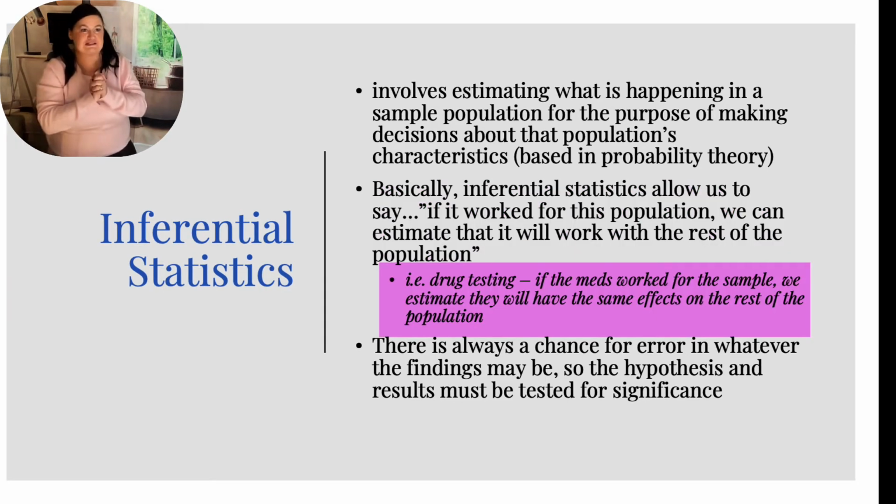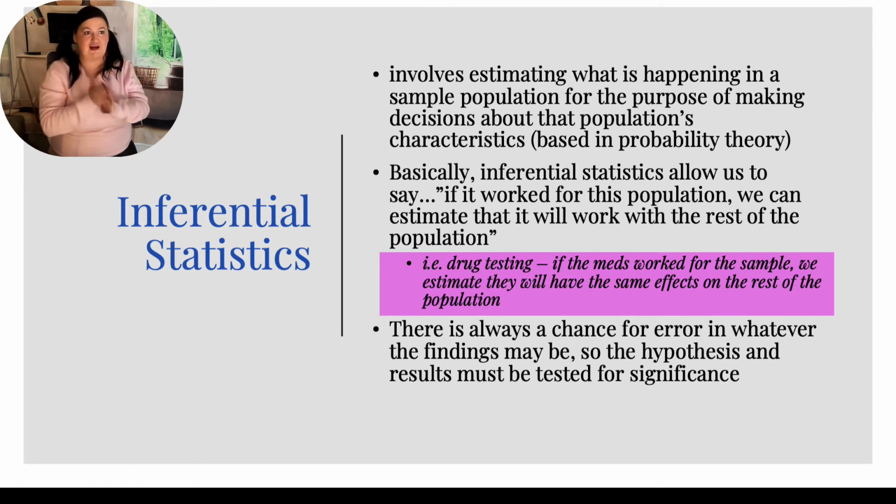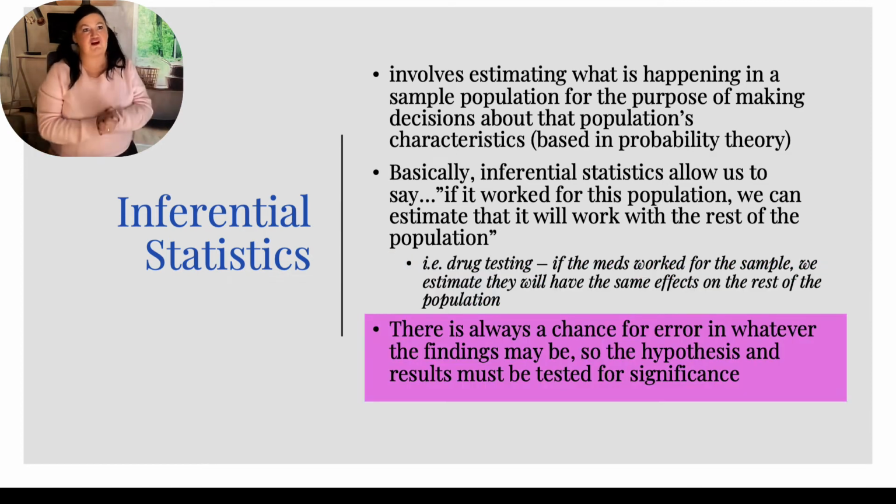So for instance, let's take drug testing. If the medications worked for the sample of the people in the drug program, we would estimate that they will have the same effects for the general population. That's it. It allows them to generalize. We've heard about generalizing, remember? Of course, there's always a chance for error whenever we're looking at the findings. The hypothesis and the results must be tested for the significance.